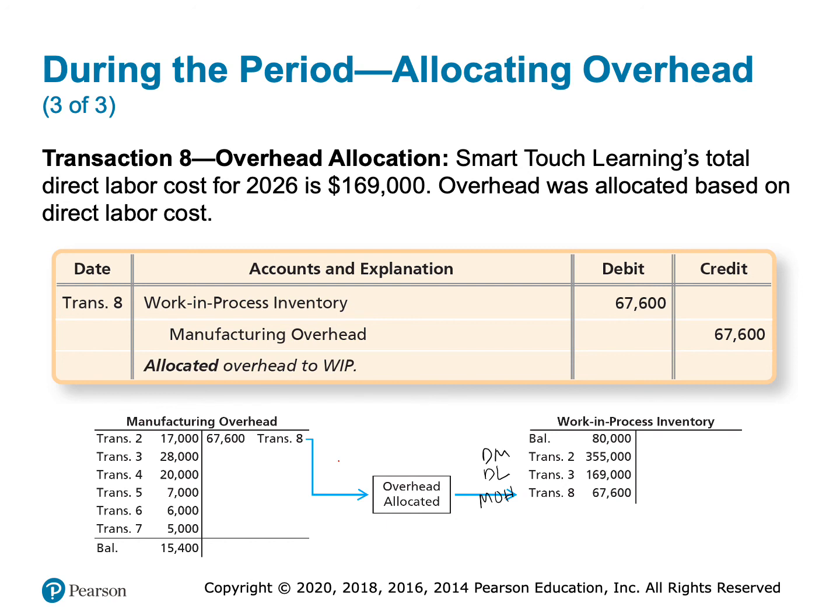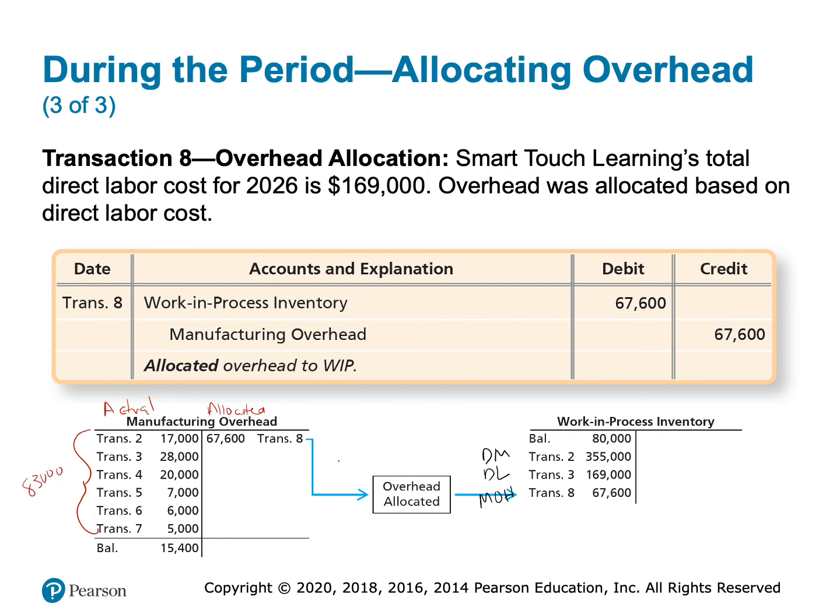Now the other thing that I want to point out is if we come back over here to this overhead T account, remember we said that the left side of the T account is the actual side. The right side of the T account is the amount that we allocated or applied. We use those words interchangeably. So in this case, we know that actual overhead, if we add these up, was $83,000.